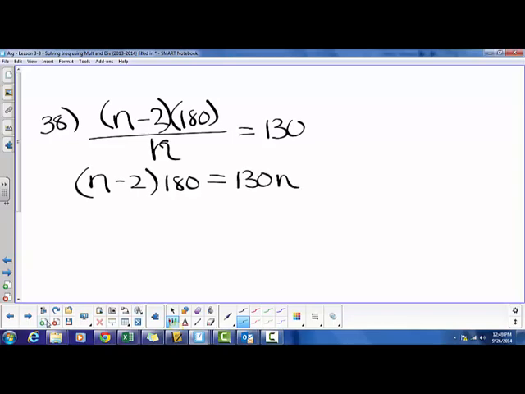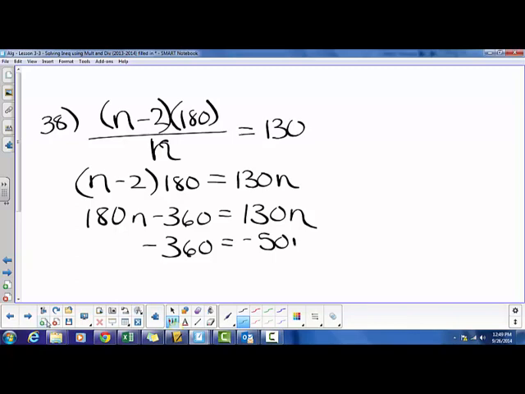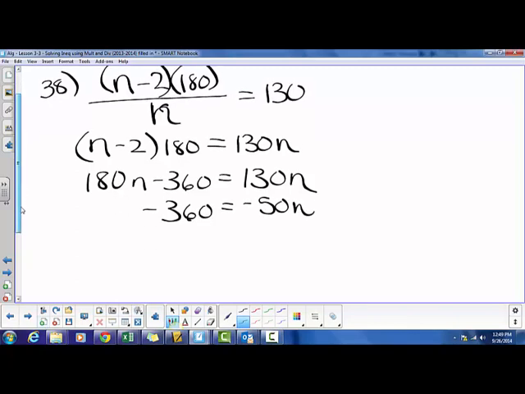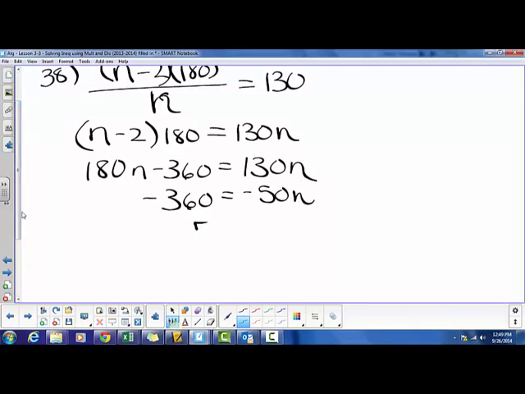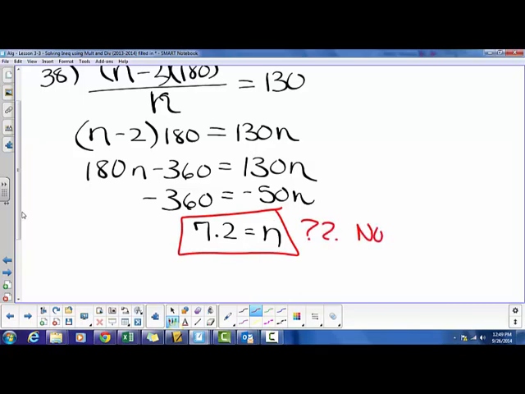If I distribute that 180, I have 180n minus 360 equals 130n. I subtract 180n from both sides, negative 360 equals negative 50n. I divide both sides by negative 50, and I come up with 7.2 equals n. Now, are you able to have a polygon with 7.2 sides? No, you cannot.